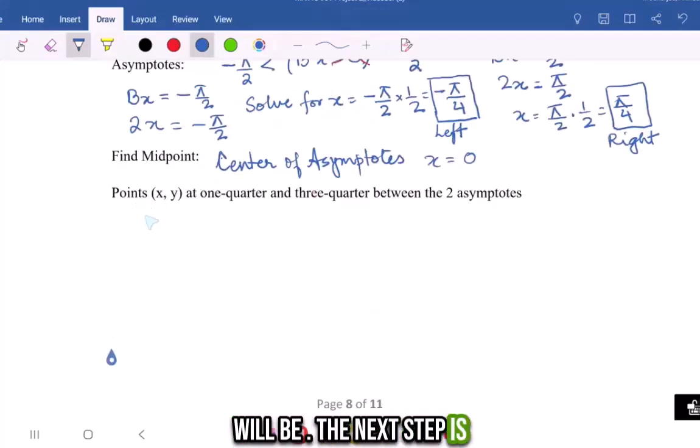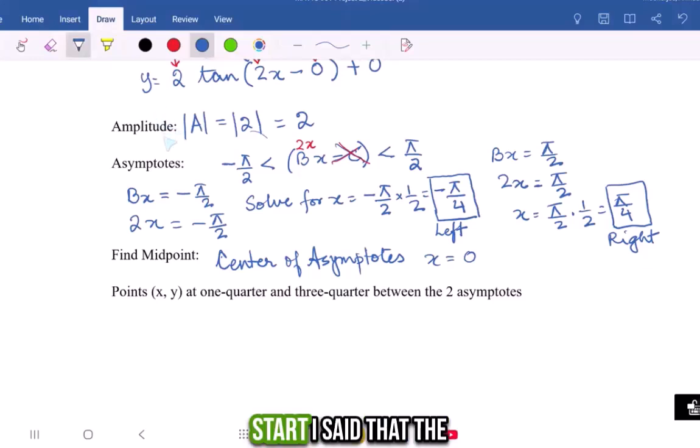The next step is to find the points x comma y which are located at 1/4 and 3/4 way between the two asymptotes. Now, we have to find both the x and the y coordinates. The value of the y coordinate 1/4 way will be negative a. And remember, at the start I said that the amplitude will be used differently for graphing the tangent function.